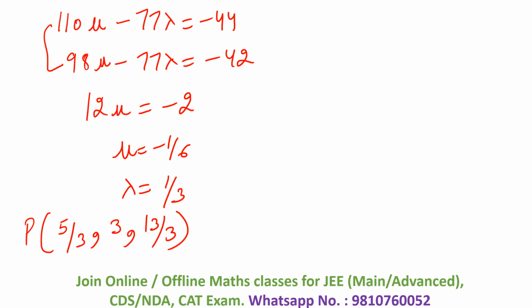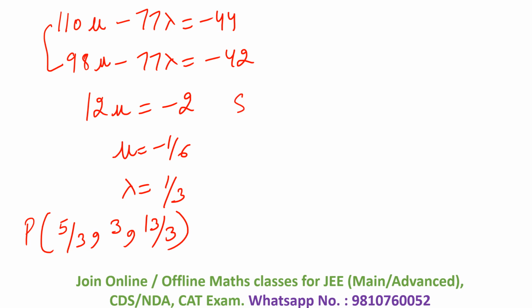Now students, similarly, you can find the coordinates of the point Q, but there is no such requirement, because to write the equation of the line of shortest distance, we just need to get the coordinates of one point lying on this line. So the coordinates of P are sufficient.